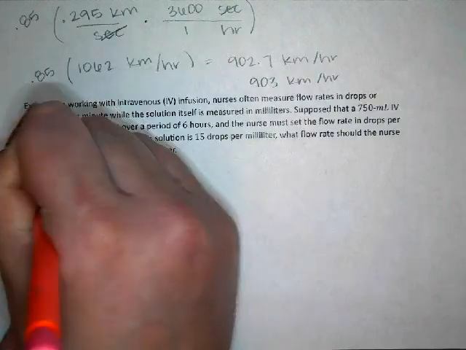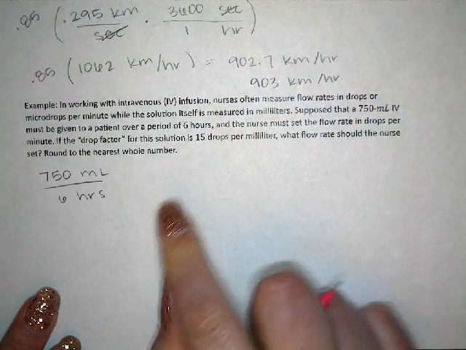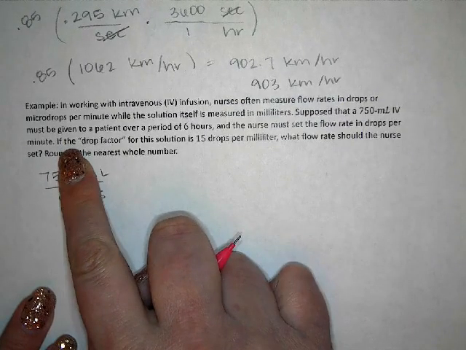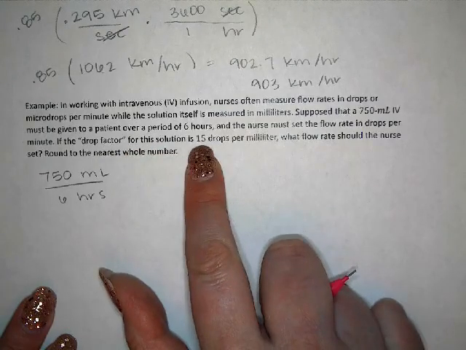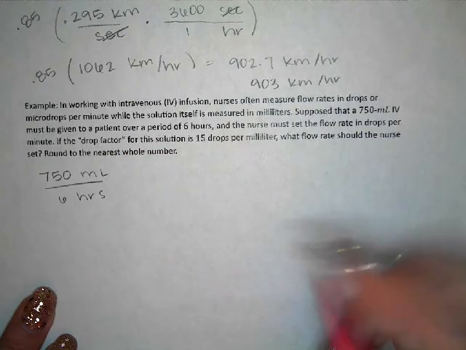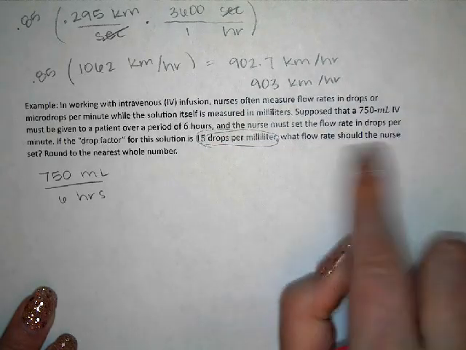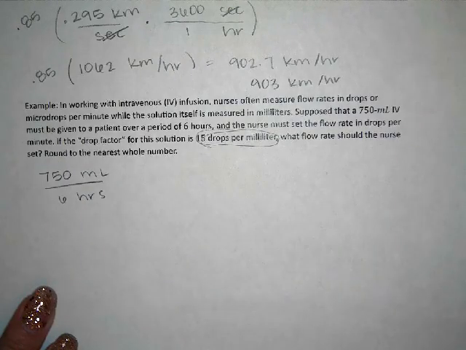But we know that the nurse is going to have to do drops per minute. If the drop factor for this solution is 15 drops per milliliter, what flow rate should the nurse set? So the goal at the end of this problem is to have drops per minute. So I need to get rid of the milliliters.